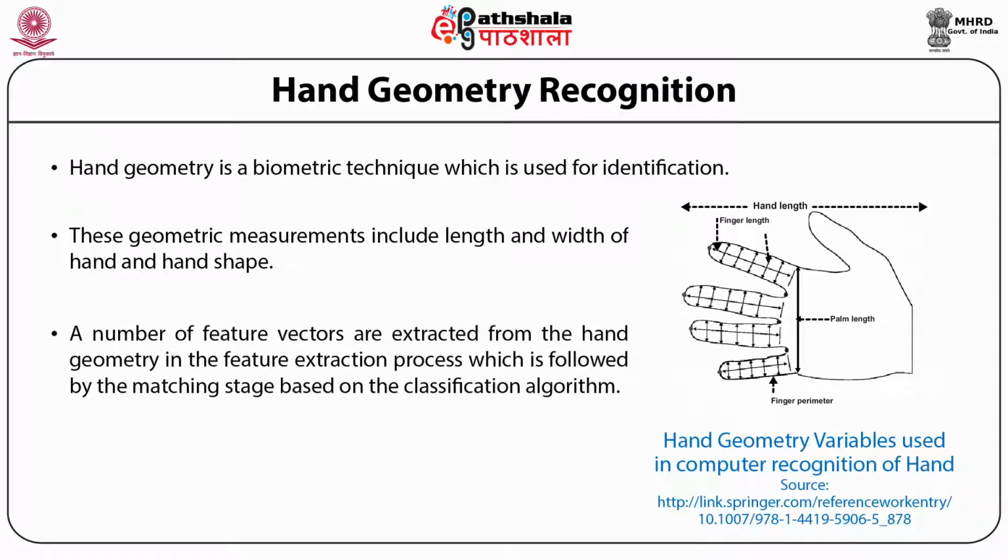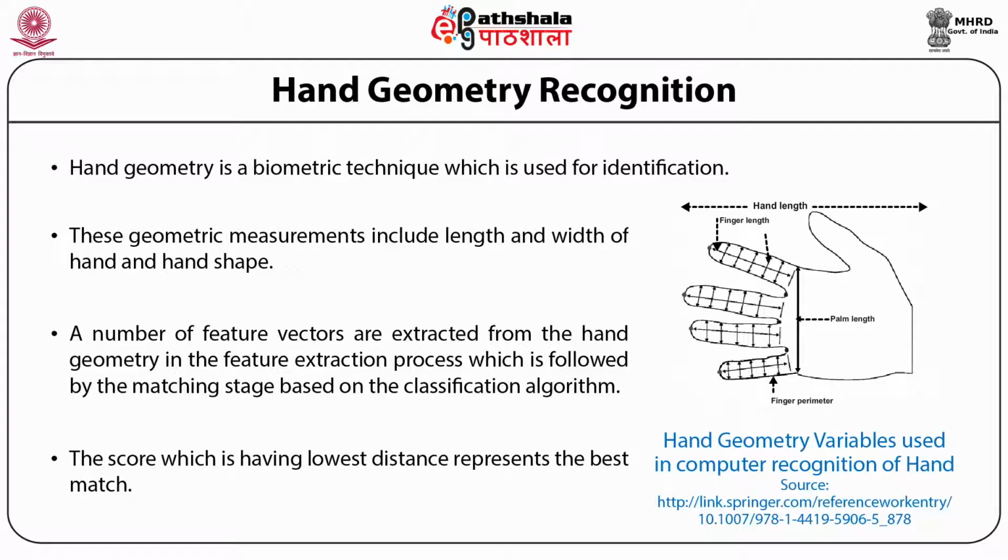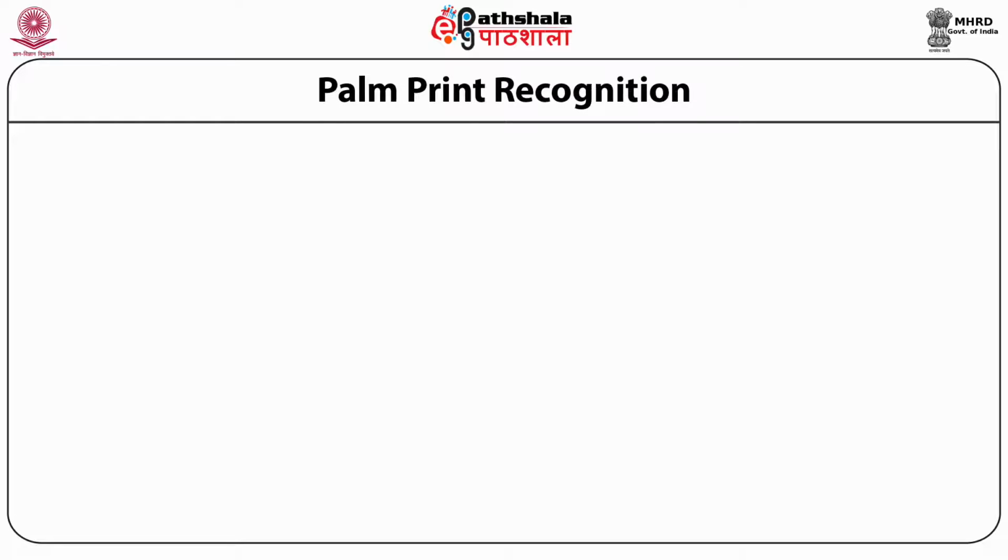A number of feature vectors are extracted from the hand geometry in the feature extraction process, which is followed by the matching stage based on the classification algorithm. The score which has the lowest distance represents the best match. The next application is palm print recognition.